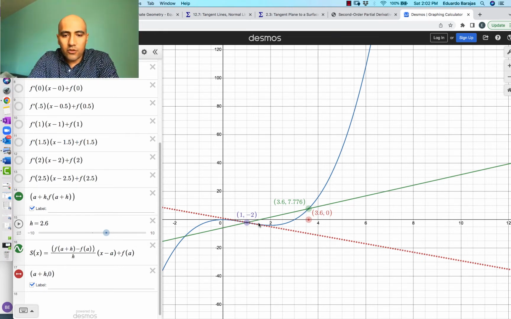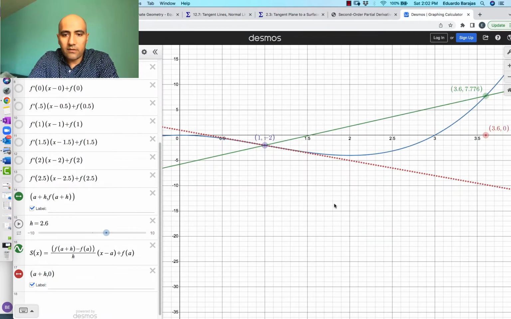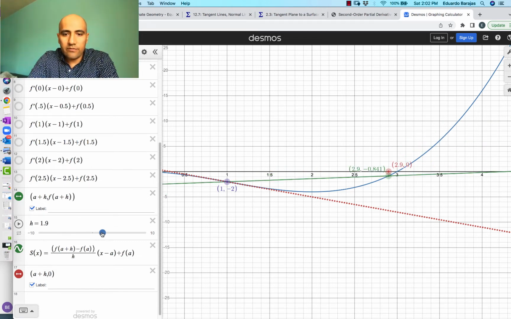And as it does, we can see that this green secant line, connecting the purple point and this green point, has a slope that is going to get closer and closer to this red one. Again, let me zoom in here to get it to look a little nicer.